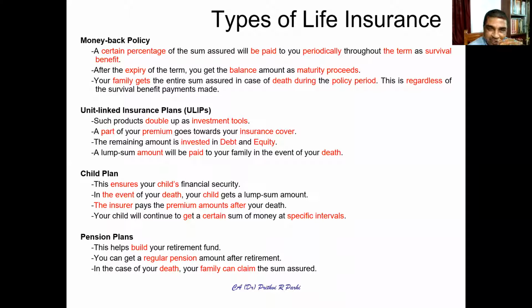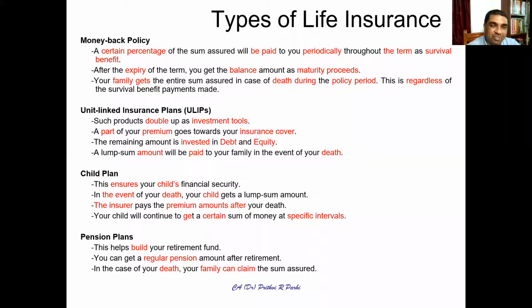It may be an equity fund, a debt fund, a balanced fund like this. A lump sum amount will be paid to the family in the event of death. If the person dies, since insurance coverage is there, lump sum payment will be paid. This is called unit linked insurance plan.